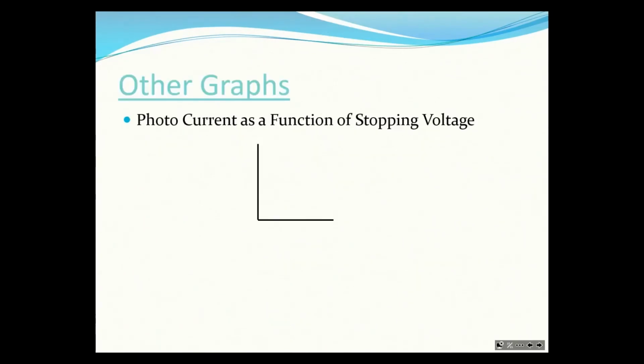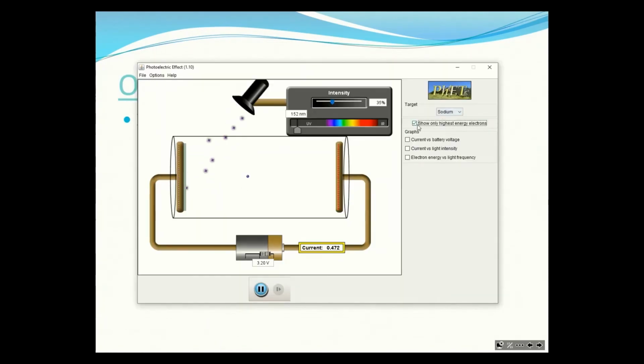Okay, so photocurrent as a function of stopping voltage, right? Okay, so if we go back to the simulation, let's show all the electrons being released, and let's put our current at 0.